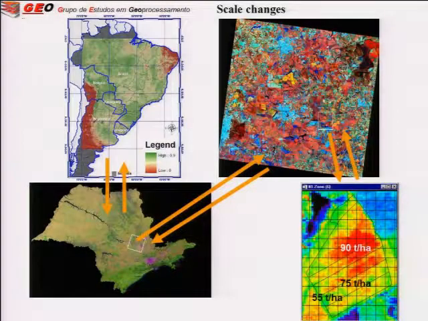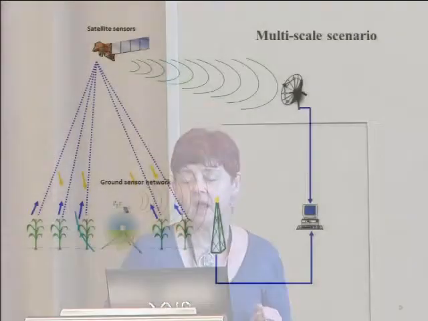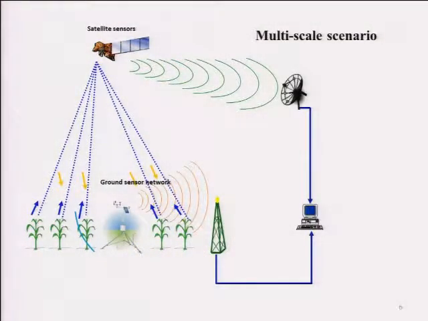And this is an example that extends what you showed, which is when you go from one scale to another. I'll borrow a little bit from agriculture and compose with what James presented, where this scenario is a little bit the same.